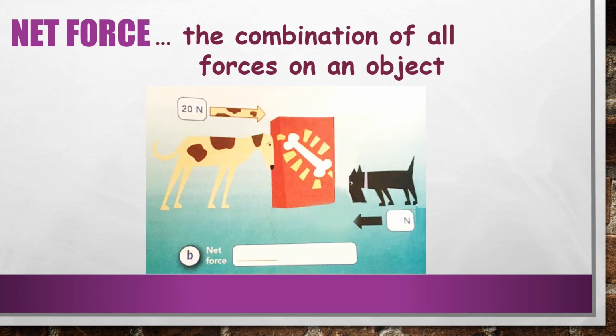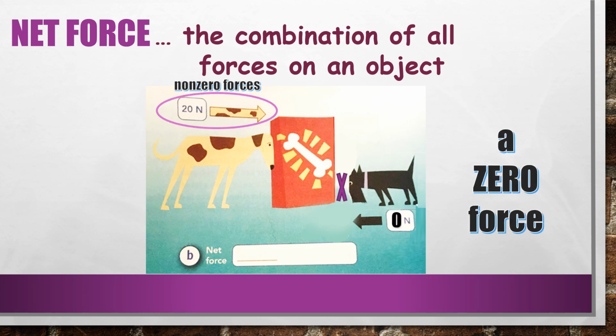So what about this example? I have two dogs. The big dog, once again, is pushing 20. The little dog has 0 newtons. So the non-zero would be the 20 from the big dog actually touching the box. The little black dog, maybe he's a little goofy in the head or he just doesn't know what's going on.